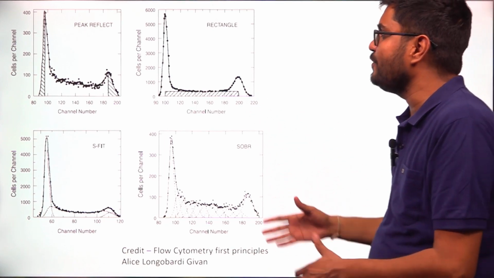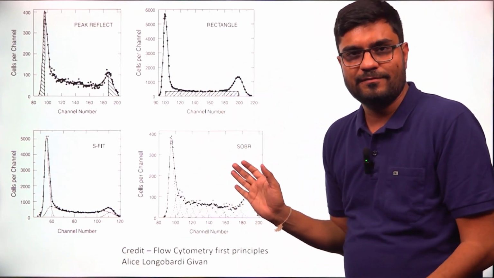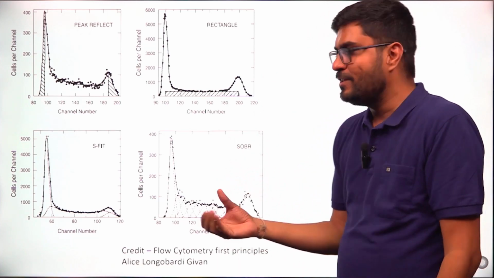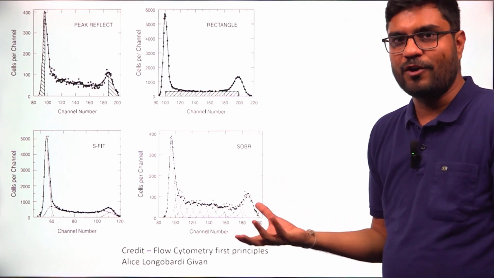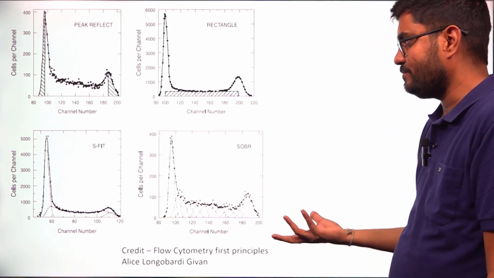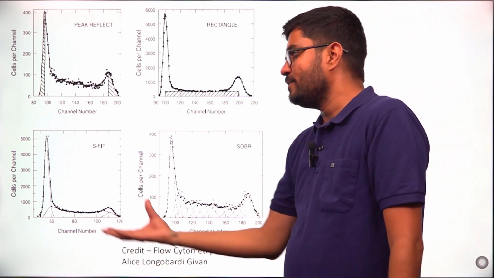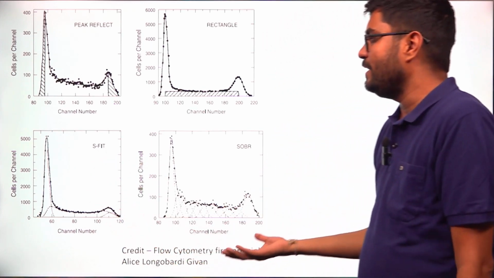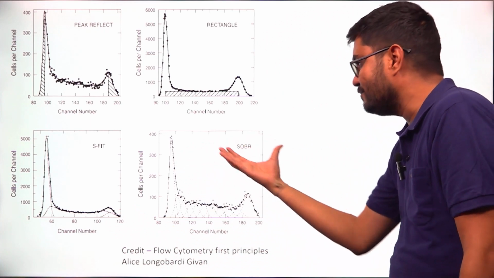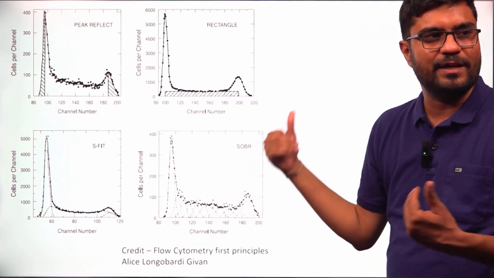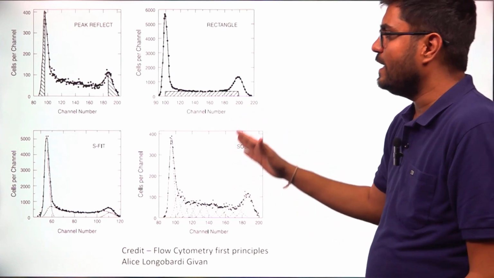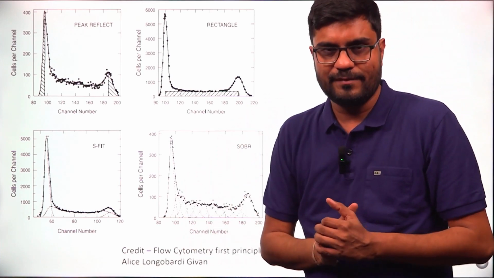But we are lucky that we don't have to do it ourselves right now, because software like FlowJo can calculate it. FlowJo has the Watson pragmatic method, which uses polynomial or binomial equations, and it has the JET method, which uses SOBR and automatically calculates the percentage of cells in G1, S and G2, right?